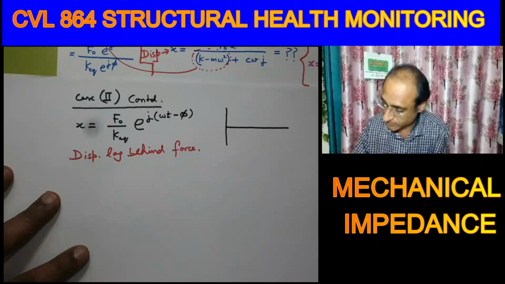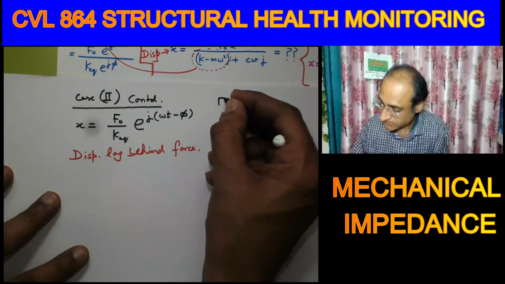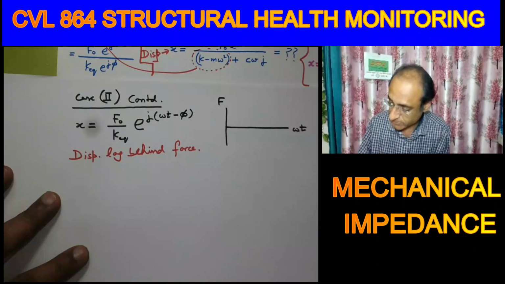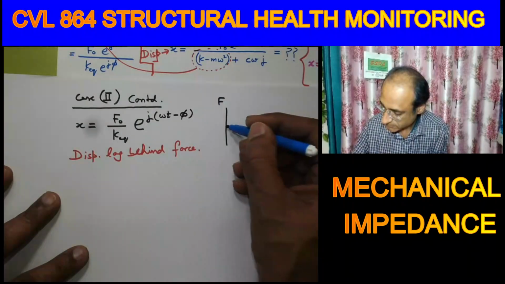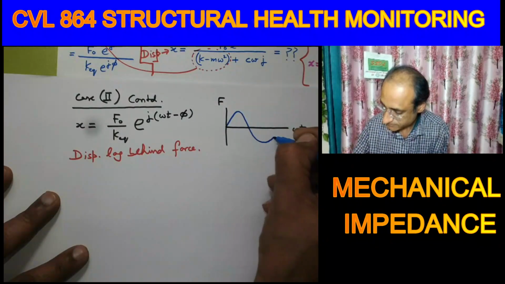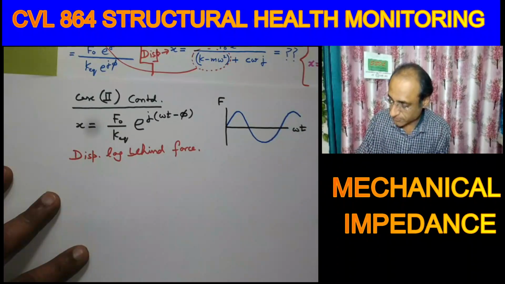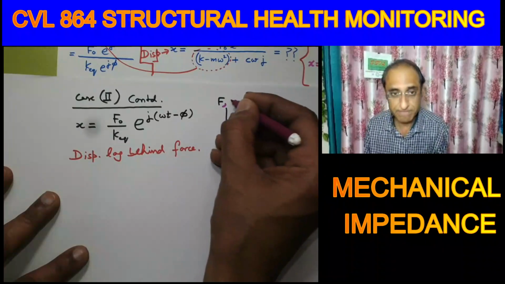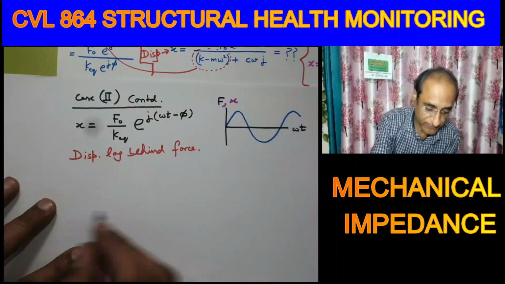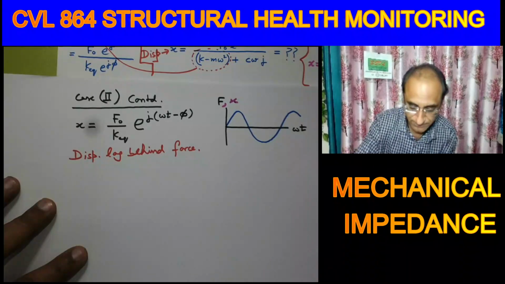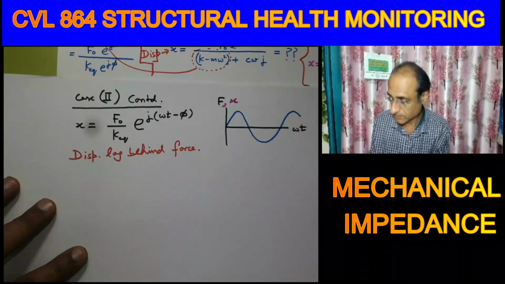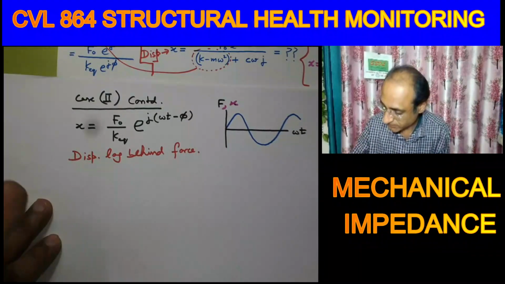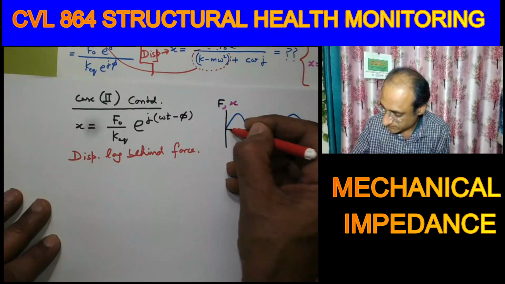If you draw force versus omega t, I am clubbing omega also here, using the blue pen, if this is your force function, then your displacement function, drawn in the same graph, will follow a different curve like this.